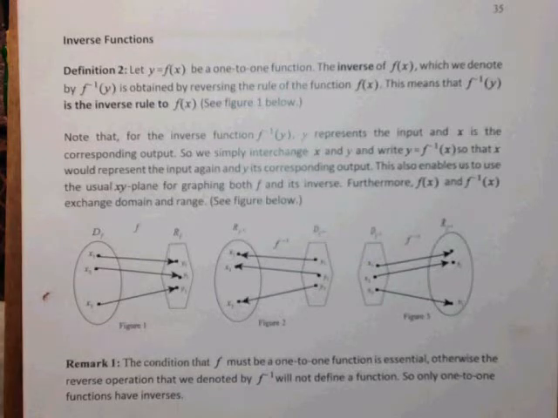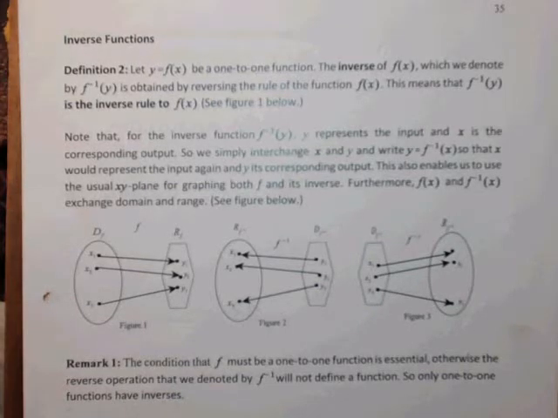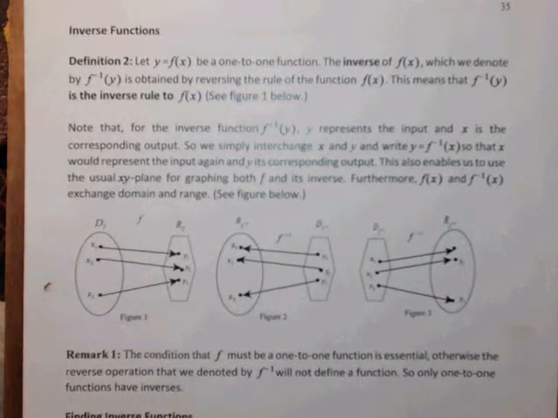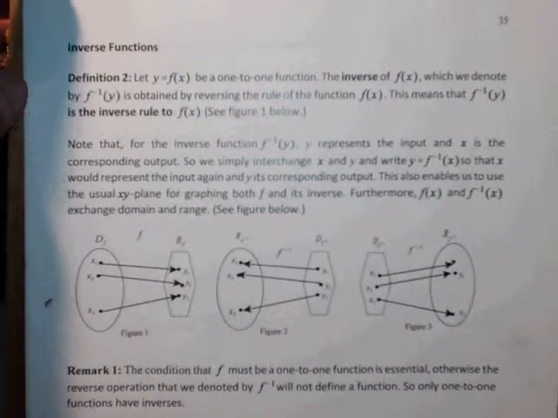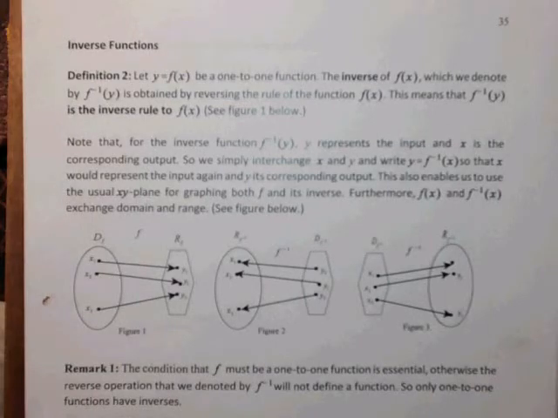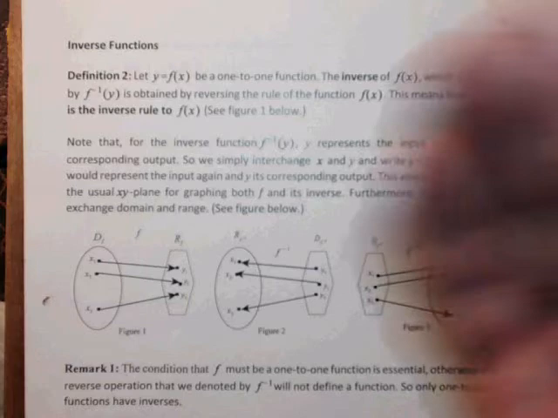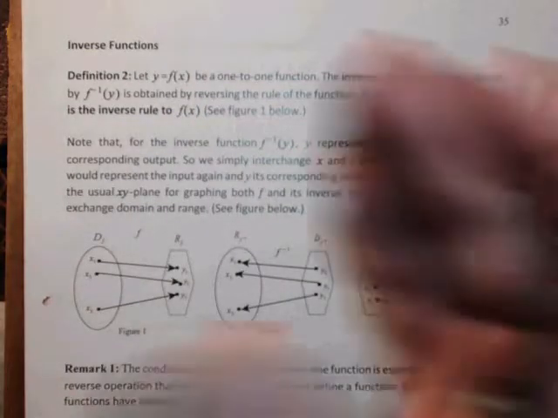Okay. The last concept of the section, of the chapter actually, is the concept of inverse function. As the name may suggest to you, in the English language, inverse means when you undo something. Just like when you play a video and then you rewind it, or play it backward.